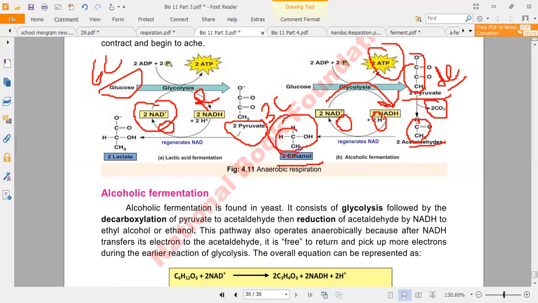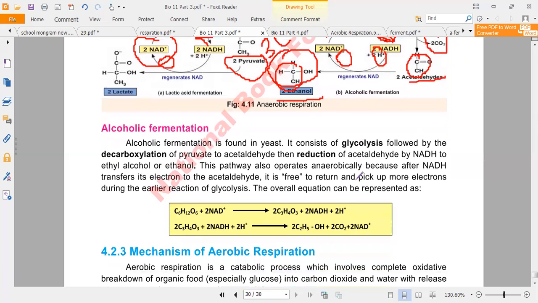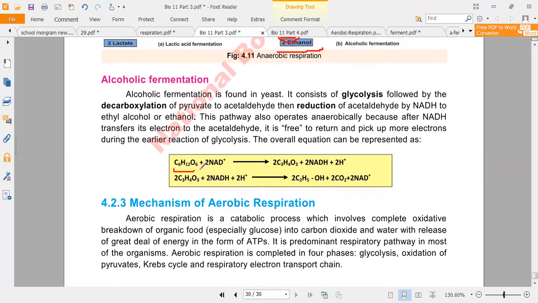Ethanol is a 2 carbon compound. Because an OH functional group is present with that, it is alcohol, so that's why it's called alcoholic fermentation. If we see its overall reaction, we get glucose, then glucose is changed into 2 molecules of pyruvate, and NAD is reduced to NADH, which in aerobic respiration would be utilized for the formation of ATP in the electron transport chain and for water production.